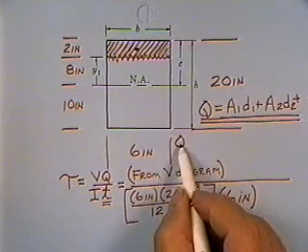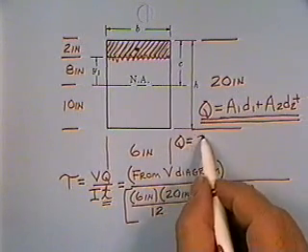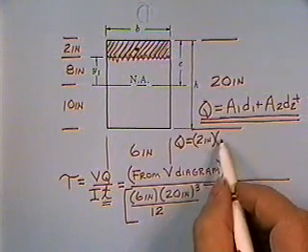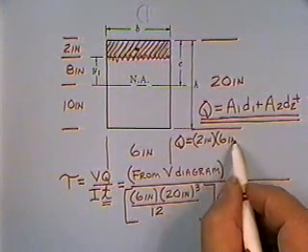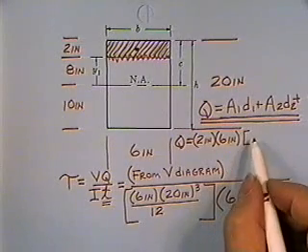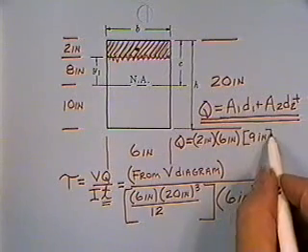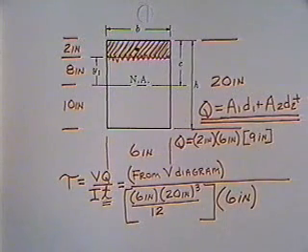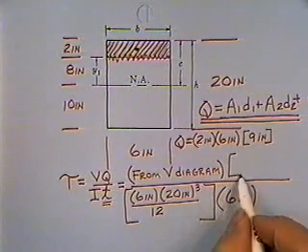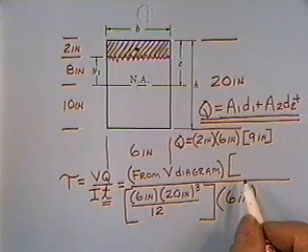For us, Q is equal to the area crosshatched is 2 inches deep. It is 6 inches wide, and the distance to the centroid is 9 inches. So Q is simply that number. There's only one area, so we only have one A1D1.